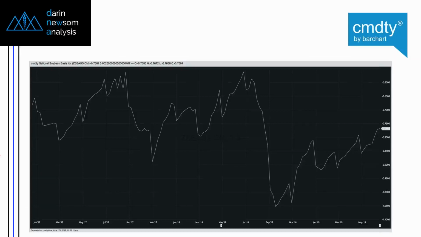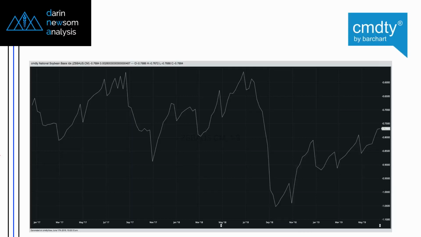And here again, we see the national basis index. Rather than getting pummeled like it was at the end of 2018, I believe this is the weekly chart where the other was a daily. Here we continue to see national average soybean basis continuing to strengthen.